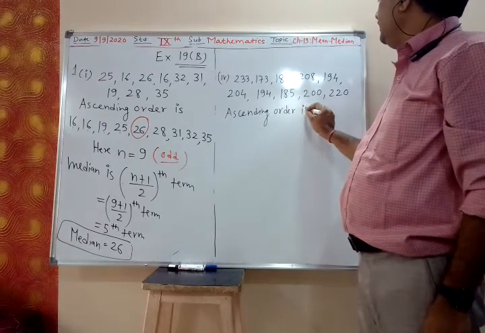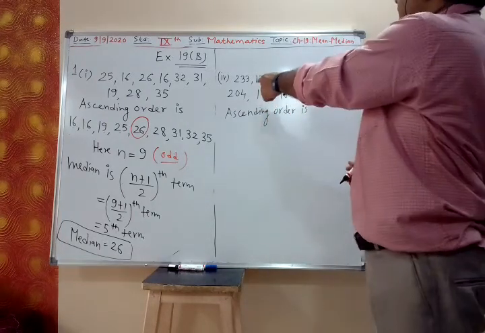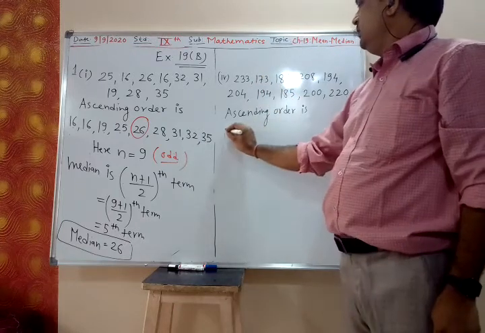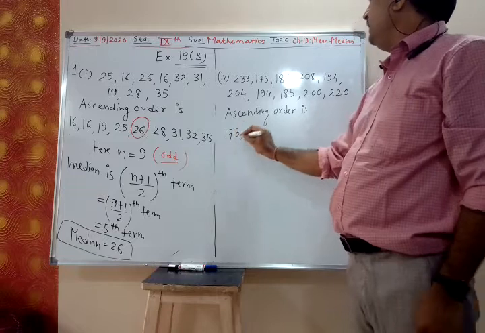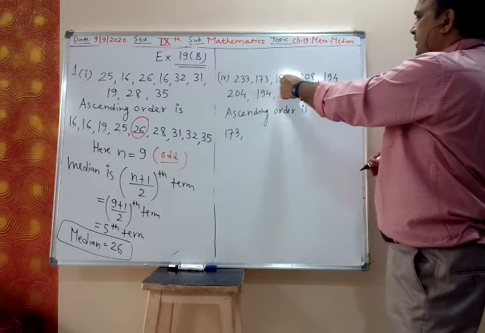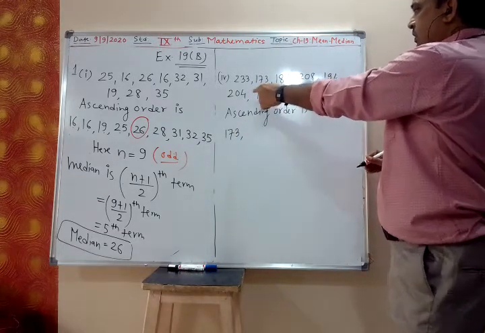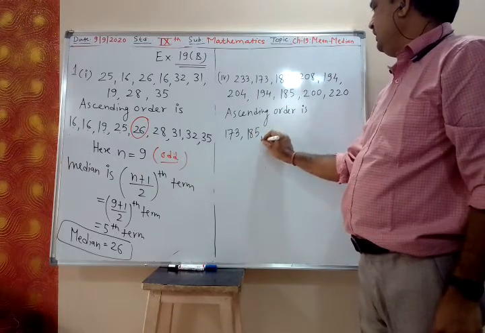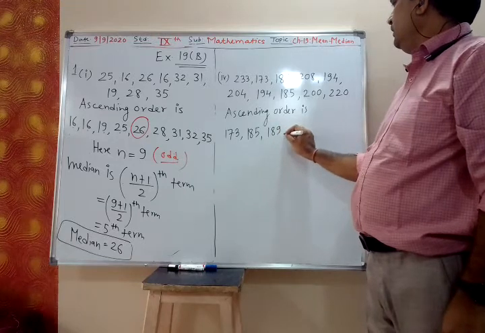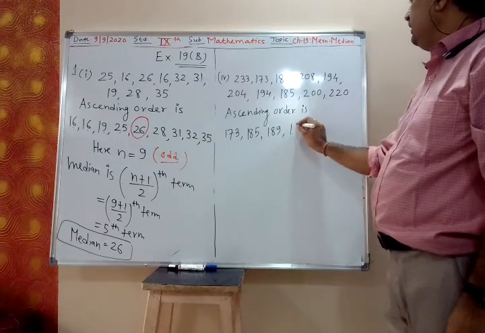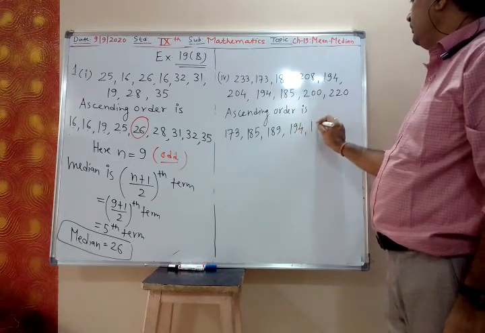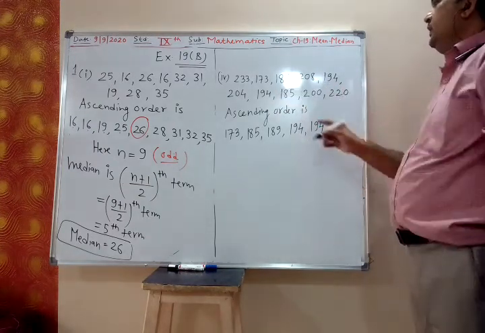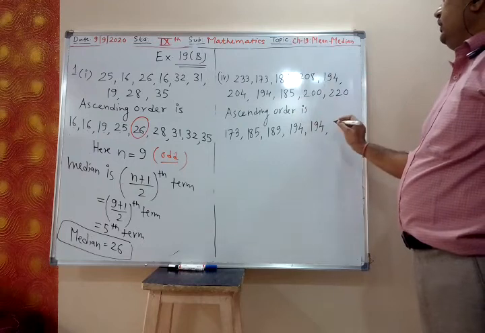Ascending order is, which is the smallest number? In this, 173. We start with 173. After 173, 185. Then we have 189. Then we have 194. 194 is 2 times. After 194, it is 200.